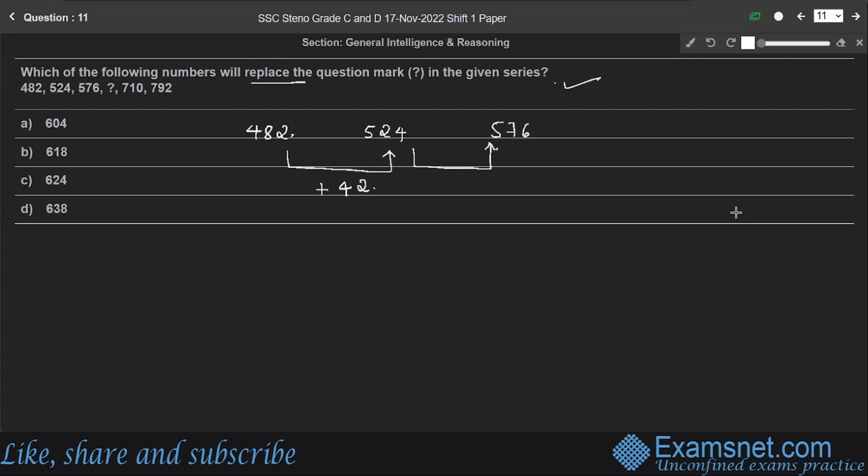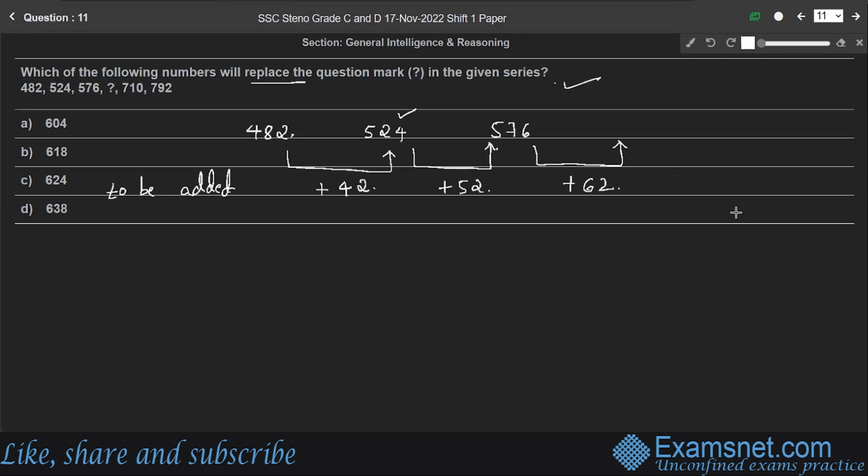576. So the second number 524 plus 52 is 576. Therefore, the next number to be added is 62.